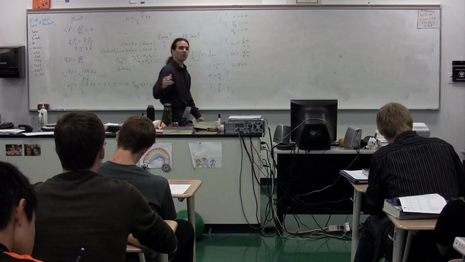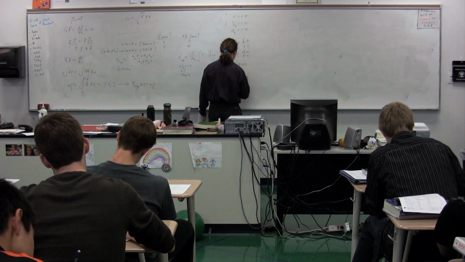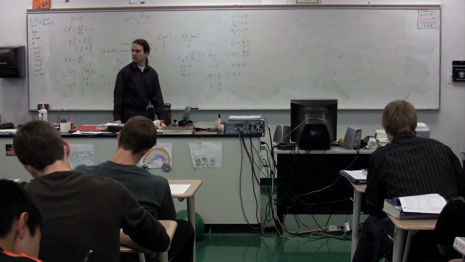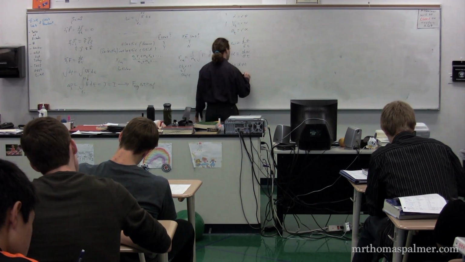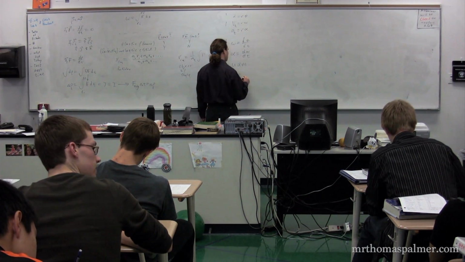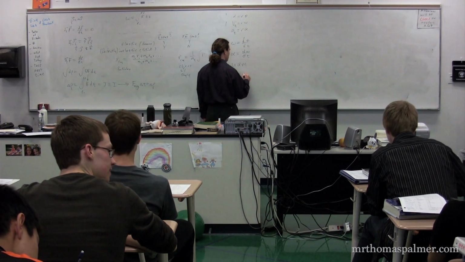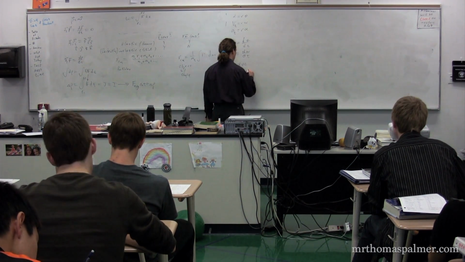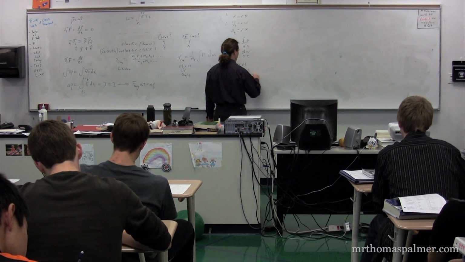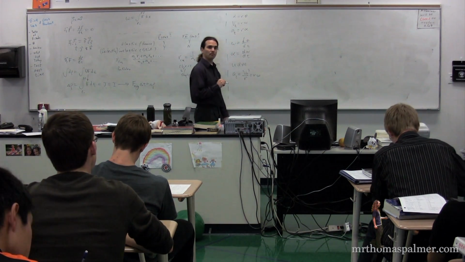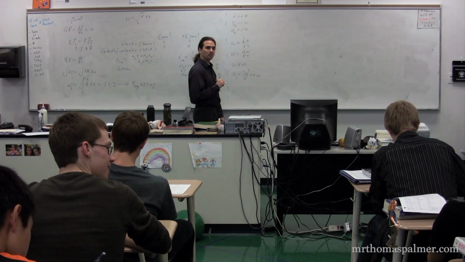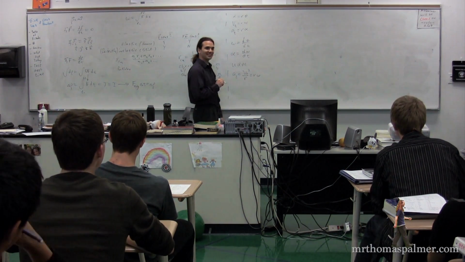We have two different equations for the centripetal acceleration. Travis, two equations for centripetal acceleration, please. Tangential velocity squared over r, and r omega. It's not squared. Well, is it or is it not?